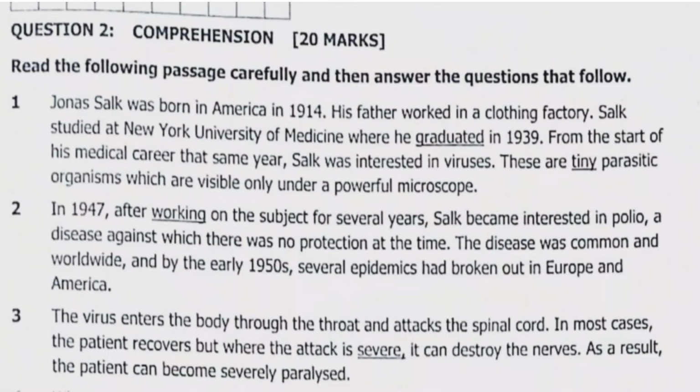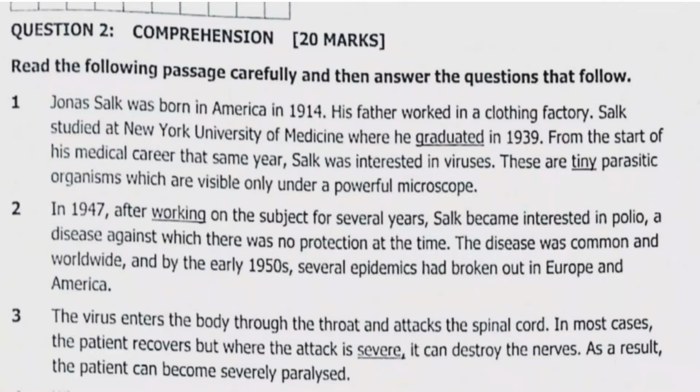Jonas Salk was born in America in 1914. His father worked in a clothing factory. Salk studied at New York University of Medicine, where he graduated in 1939. From the start of his medical career that same year, Salk was interested in viruses. These are thin parasite organisms which are visible only under a powerful microscope.